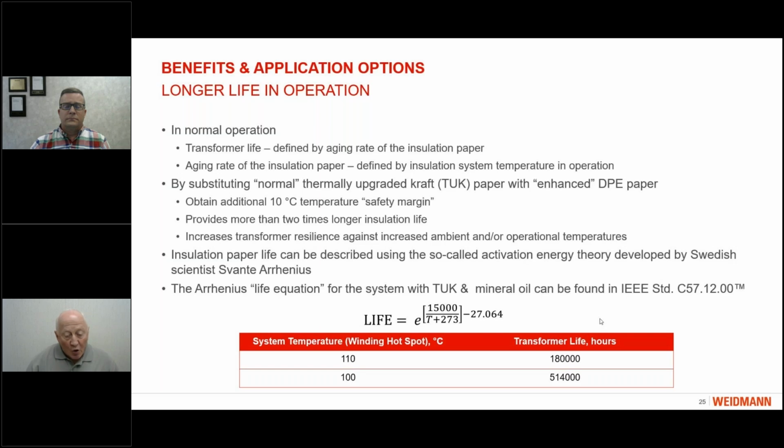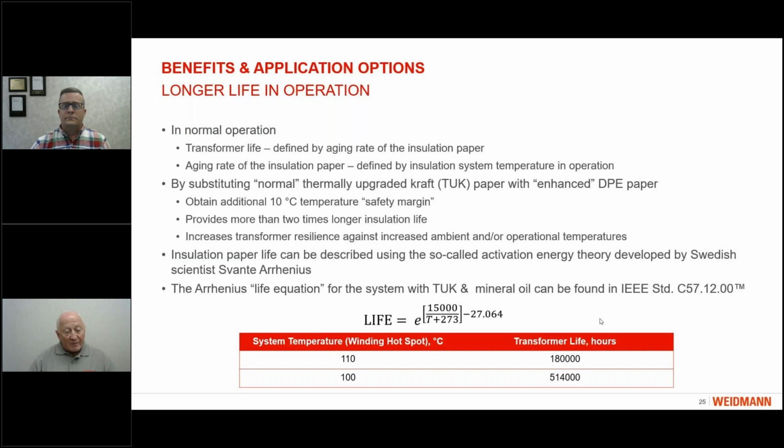And obviously, if we have this additional safety factor, we can increase transformer resiliency against increased ambient and or operational temperatures. In order to understand why 10 degrees results in extension of life, we can look at the so-called Arrhenius life equation. This is the equation that you see on the screen, and it's based on the activation energy theory developed by Swedish scientist Svante Arrhenius.